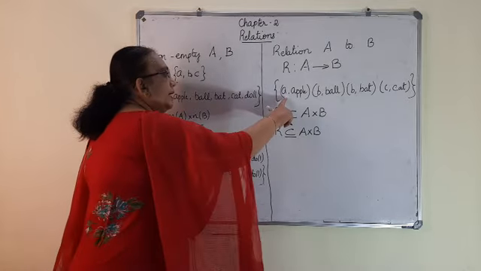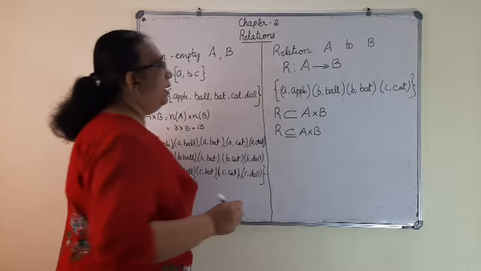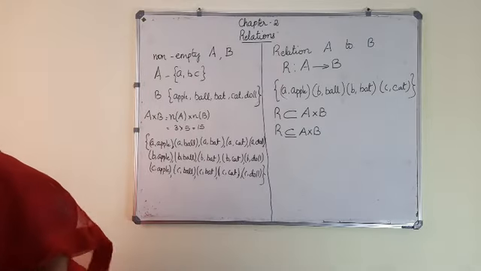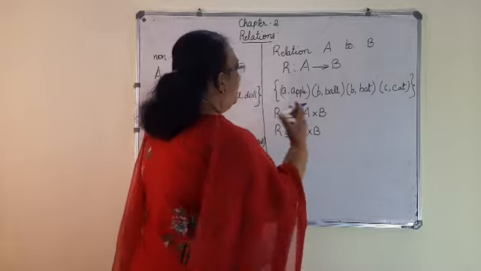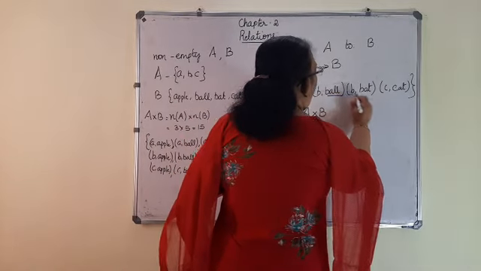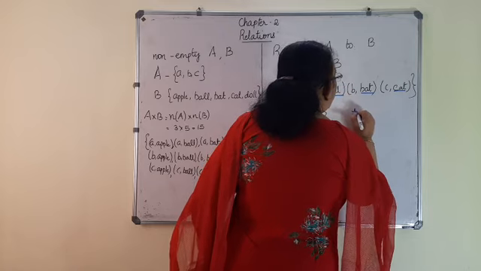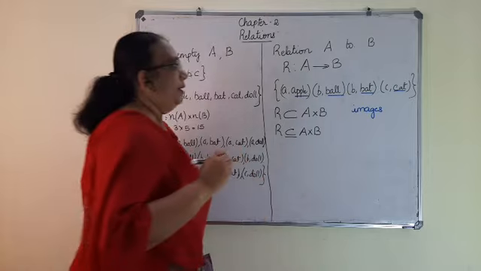Here it is a relation: a for apple, b for ball, b for bat, c for cat. Now these words, apple, ball, bat, cat, are called the images.